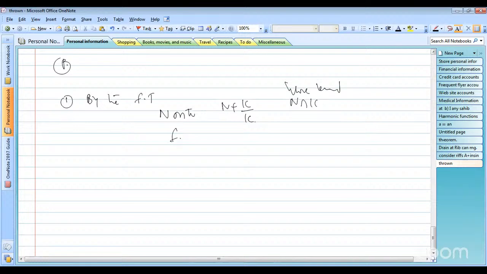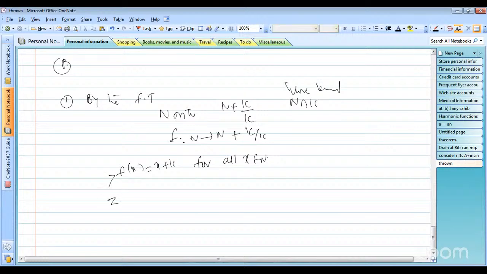So f of n is onto n plus k by k. We know that f of x is equal to x plus k for all x belongs to n. So clearly f is a homomorphism. Now we have to prove it is onto.